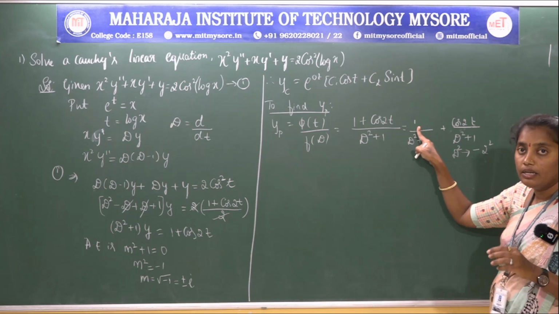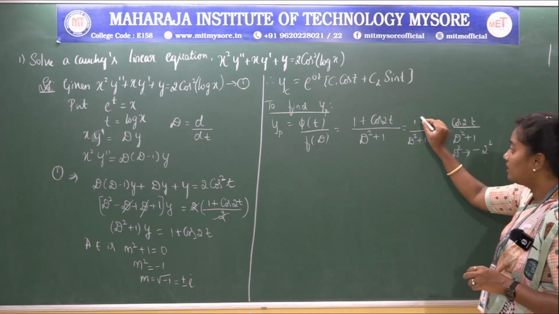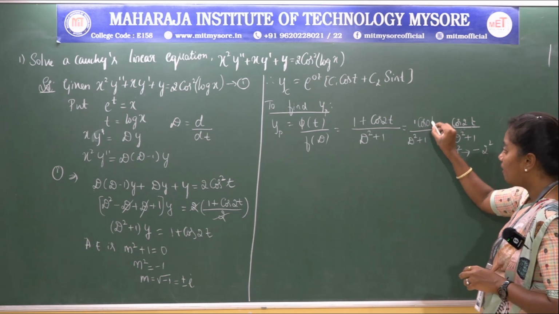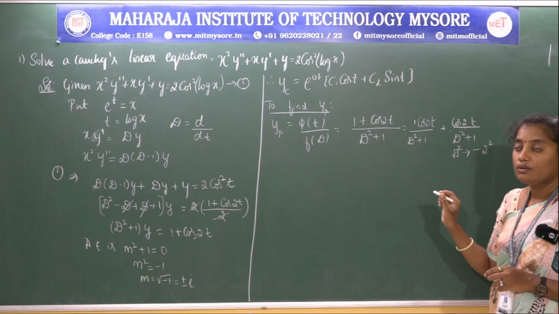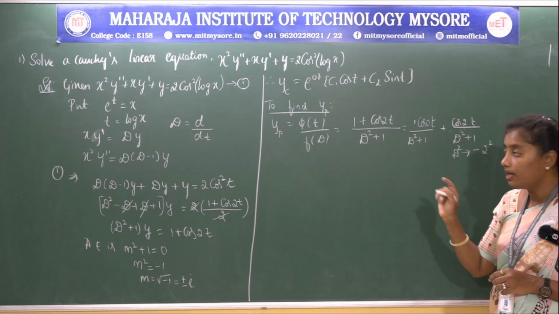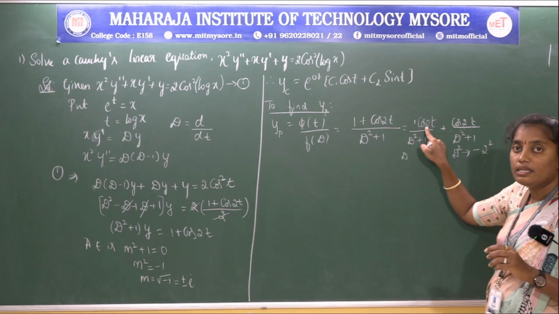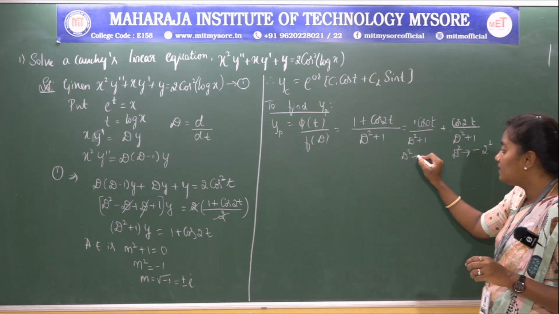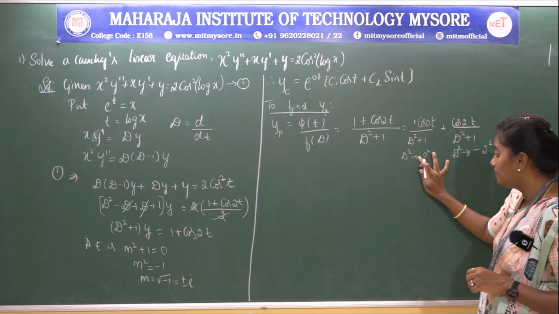Since we have 1, let us write this 1 in terms of a trigonometric function. 1 can be written as cos 0t because cos 0 is equal to 1. That is, here the coefficient of the angle is 0. We have to replace D square by minus 0 square, that is nothing but 0.